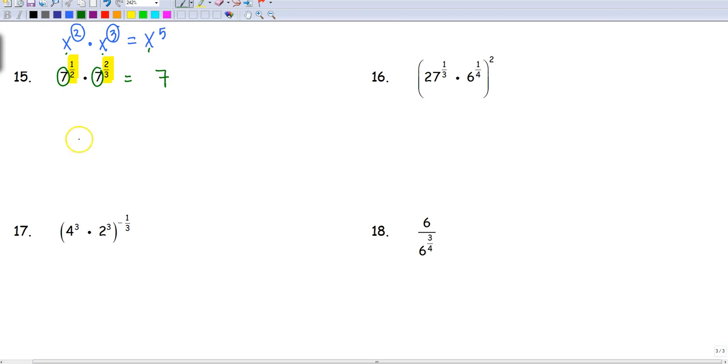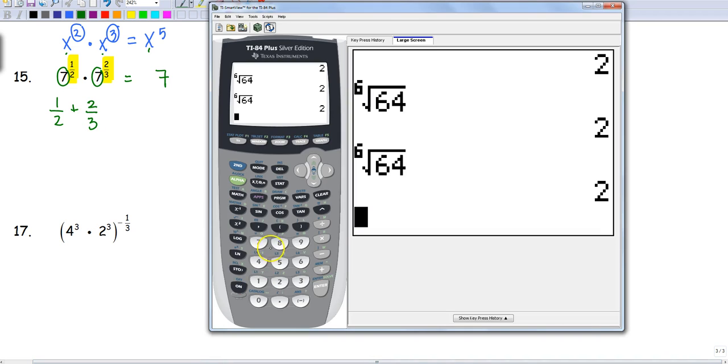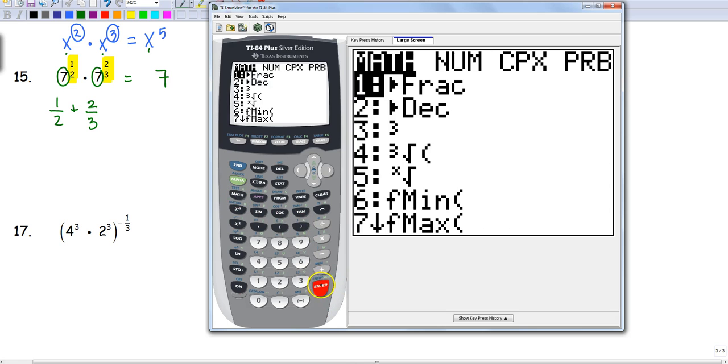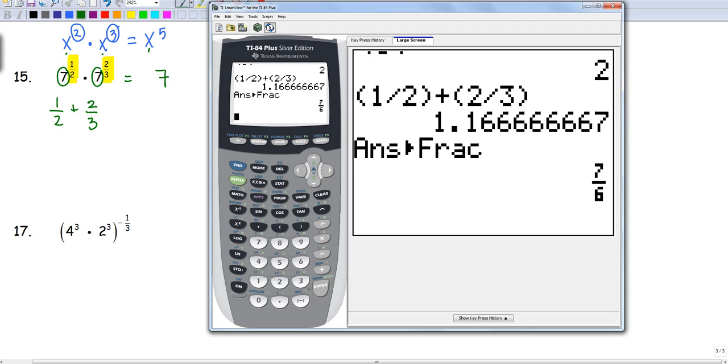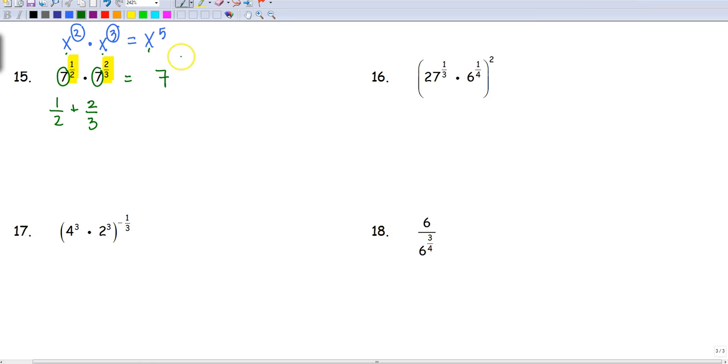So 1/2 plus 2/3. Please remember that you do need a common denominator, so unless you want to make a common denominator, please use your calculator and MathFrac, and you get 7/6. So 7 to the 7/6 power.